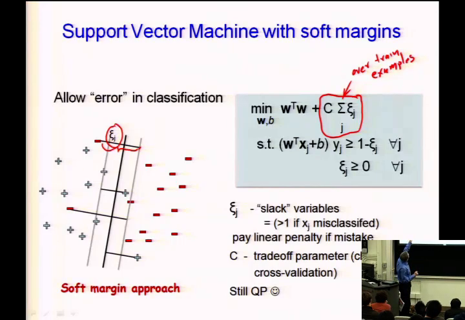So if I'm considering this hyperplane, this W and B, then I'm going to say there's an accompanying C for that training example.